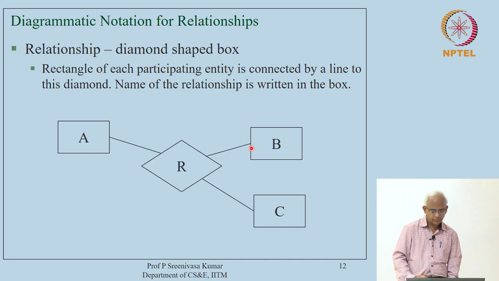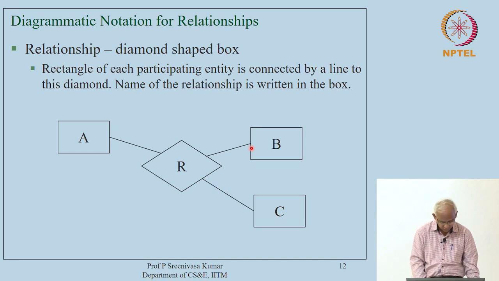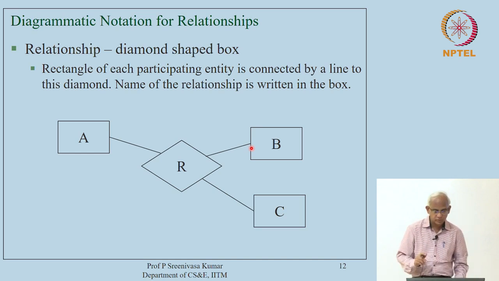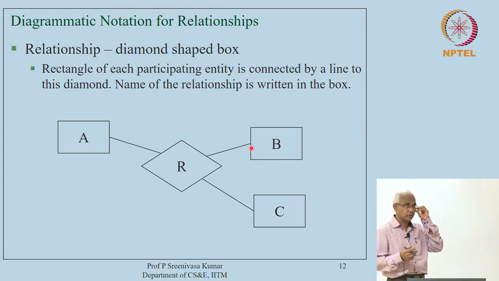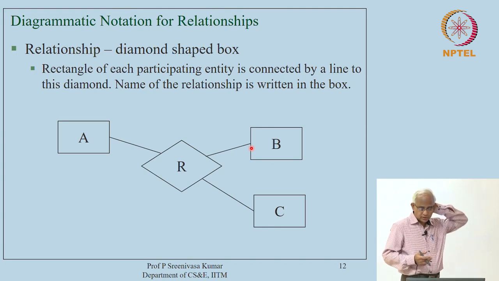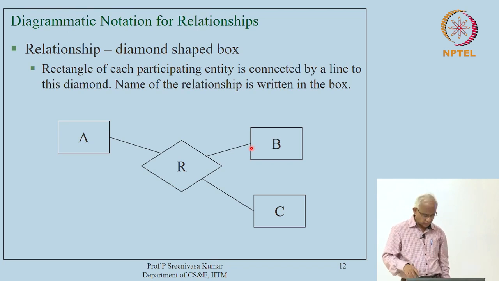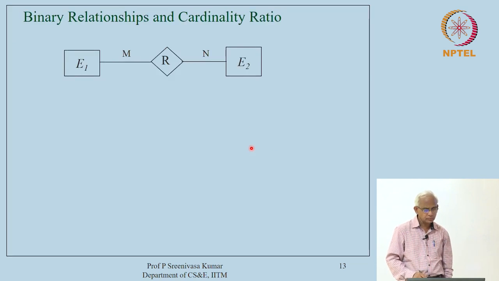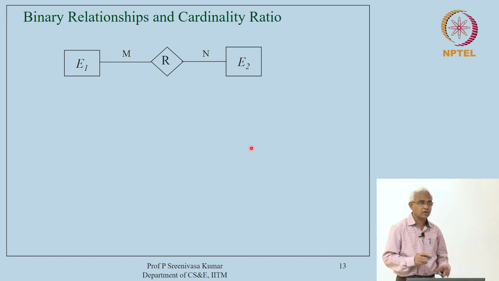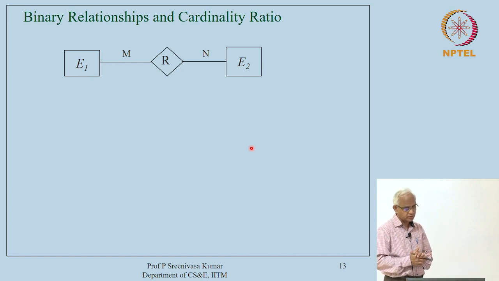Now, let us move on. There is a lot more information about these relationships that we would like to capture in general, and we will focus on binary relationships because they occur more frequently than other kinds of relationships. When we talk about binary relationships, one of the important things is what is called the cardinality ratio of the relationship.